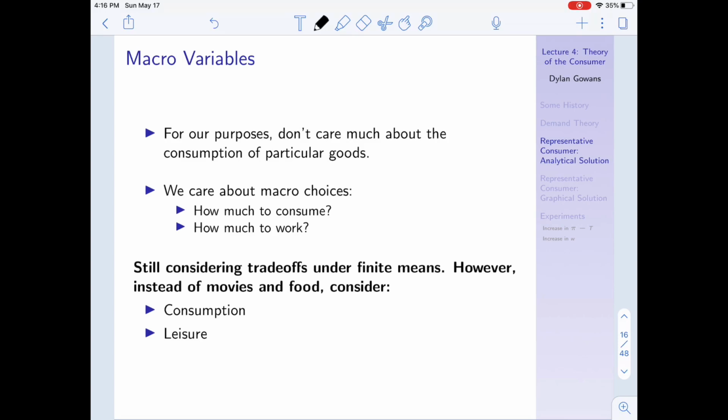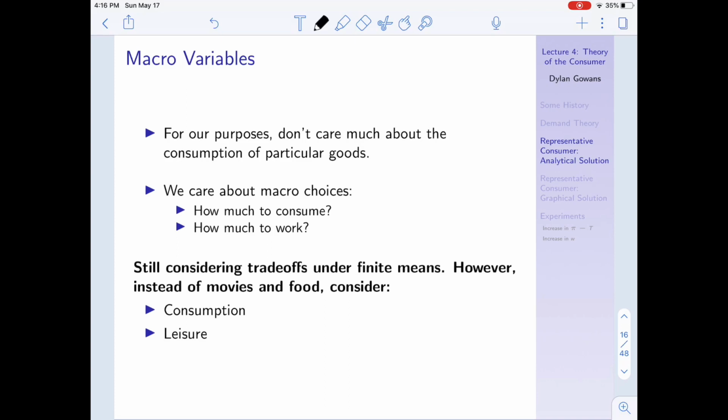So as I said, we don't really care as macroeconomists necessarily about consumption of specific goods, of particular goods. We don't necessarily care how much someone spends on food versus movies or whatever. What we are interested in is macro variables, okay?